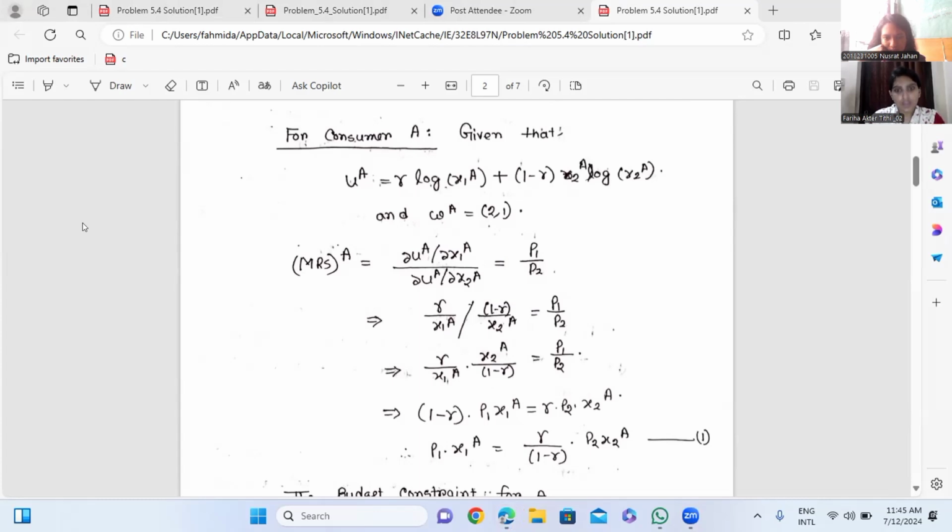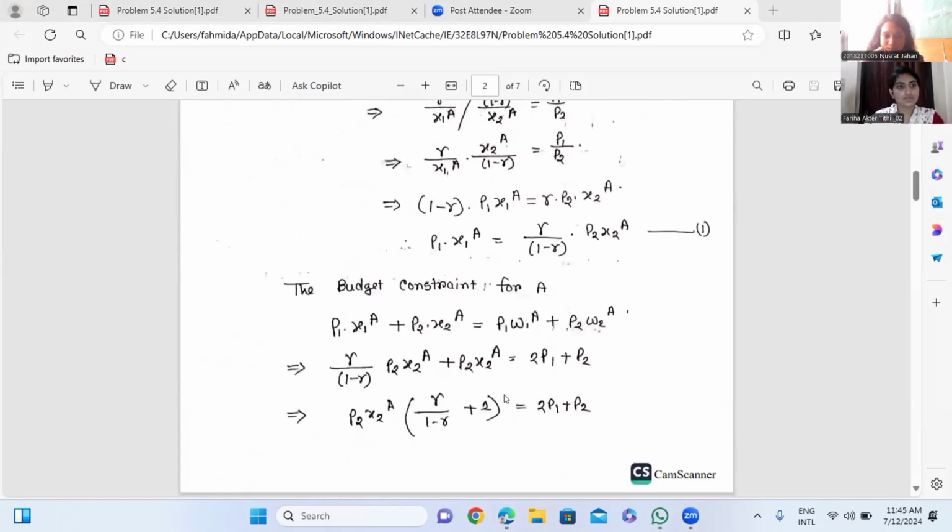And after doing the calculation, we have reached this point: P1 x1A is equal to gamma divided by 1 minus gamma times P2 x2A. This is the normal calculation. I think when you see it and do it, you will easily understand it. Then this is our equation 1.